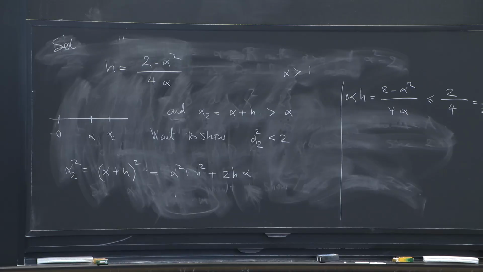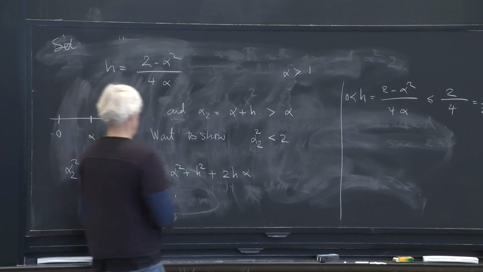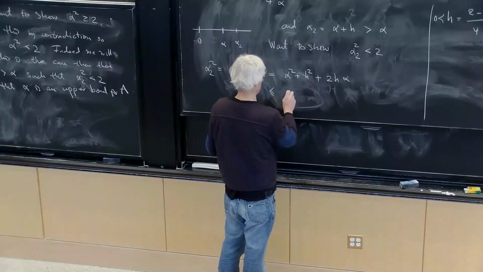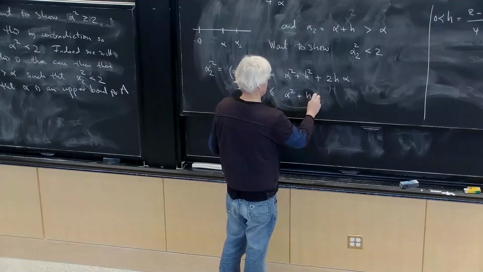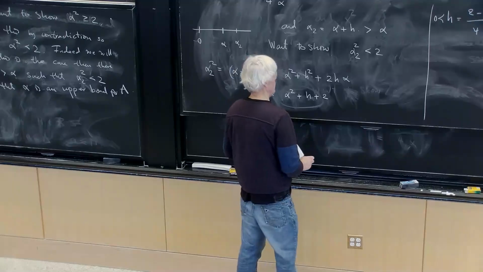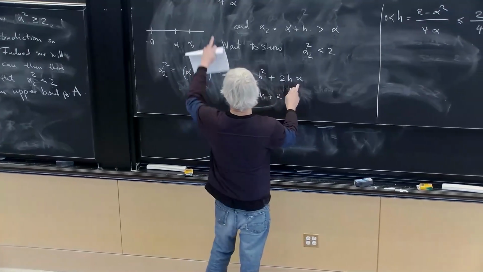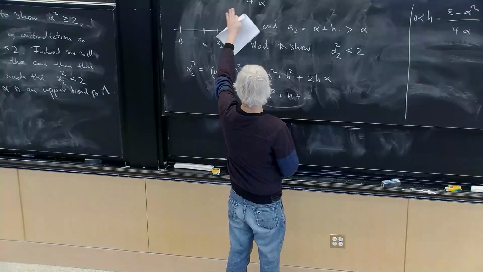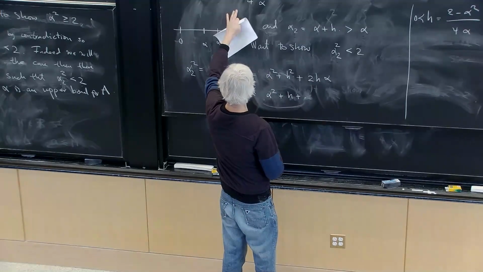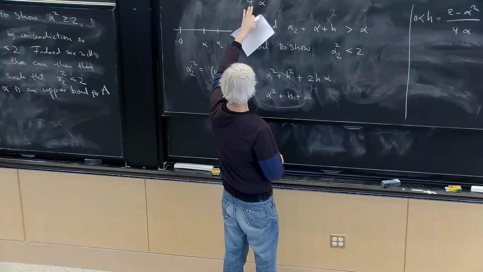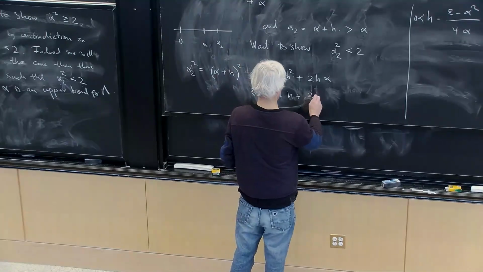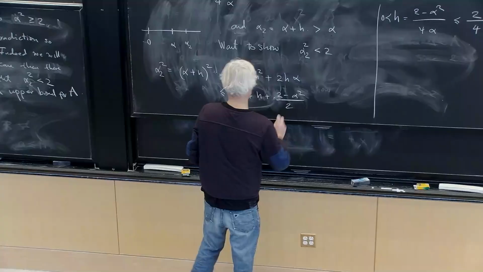And so now this here I can bound, trivially, by just using that h is bounded by 1. So I get alpha squared plus h plus 2h alpha. When you multiply h by 2 alpha, the alpha cancels out, and the 2 cancels with the 2 in the 4. So you're getting (2 minus alpha squared) over 2.